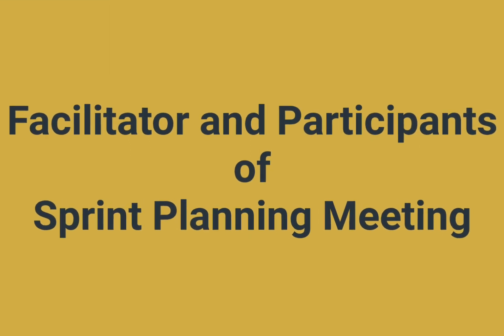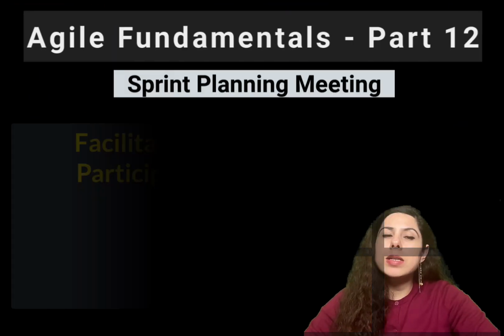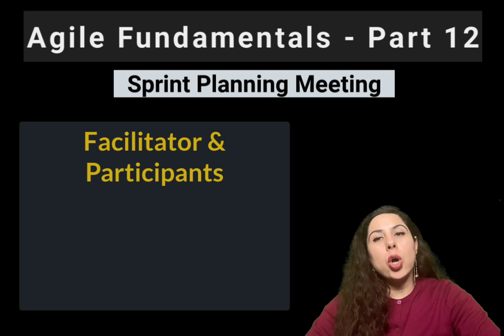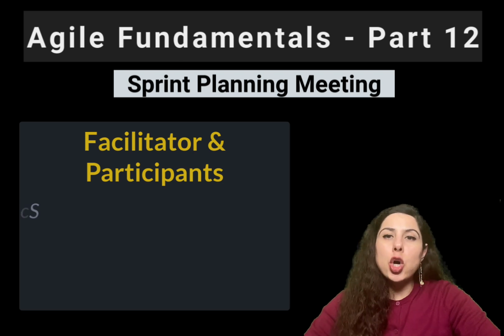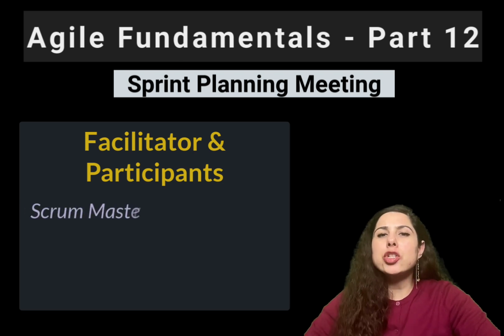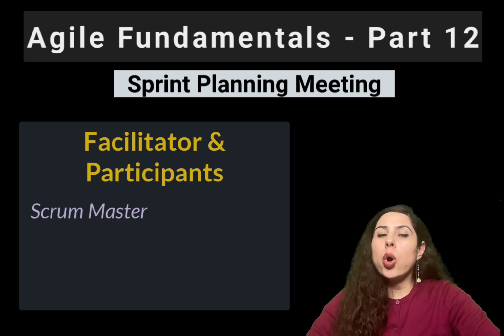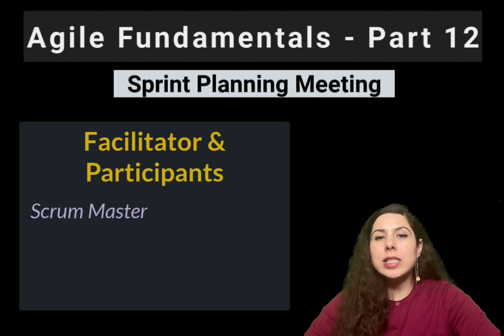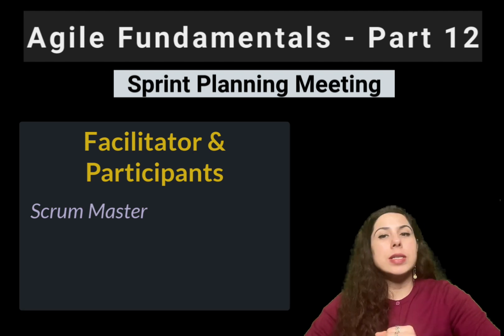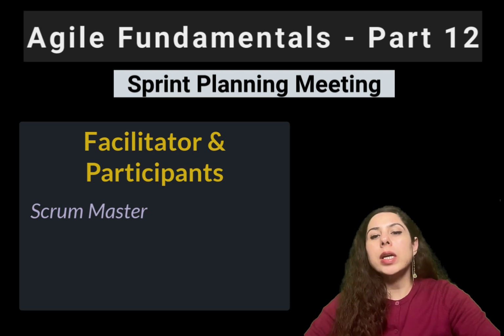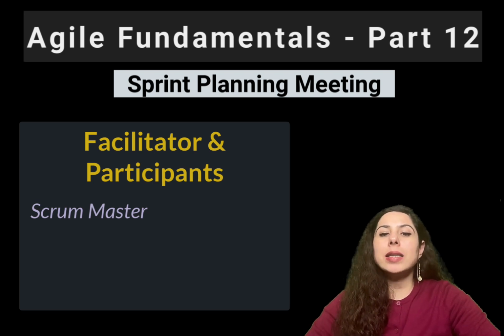Now let's move forward and discuss who facilitates the meeting and who all participate in it. The Scrum Master takes on the role of facilitating this meeting, ensuring that the team establishes realistic goals and that everyone agrees on the scope of the sprint. The attendees of the meeting are the Scrum Master, who assists the Scrum team throughout the meeting and helps them understand the sprint goal and the work for this sprint.